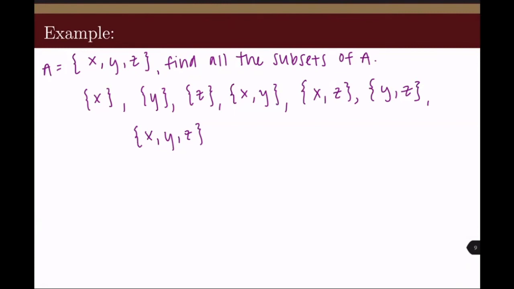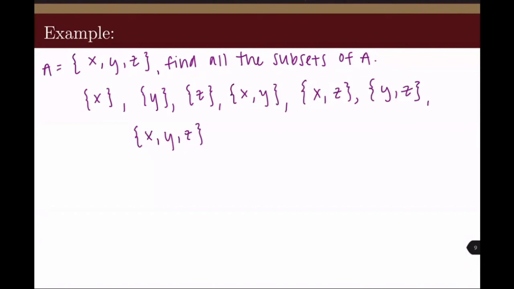Did I get all of the subsets? Let's think about it. I got each individual letter, then I did the pairs of 2's, and then I did the whole set. However, I am still missing a subset. Which one am I missing?